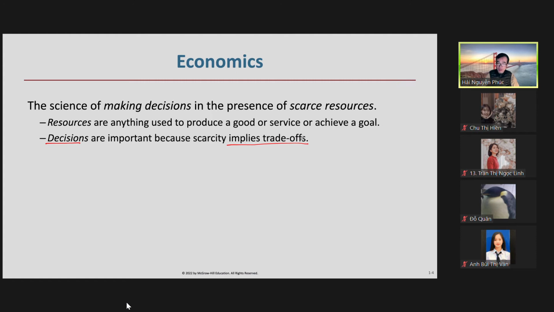And in making decisions, a very important concept we have to take into account is the concept of opportunity cost.